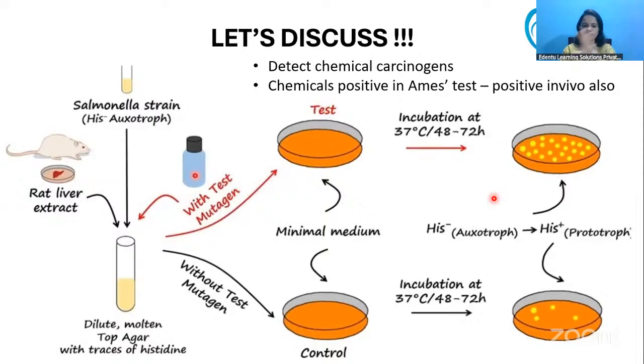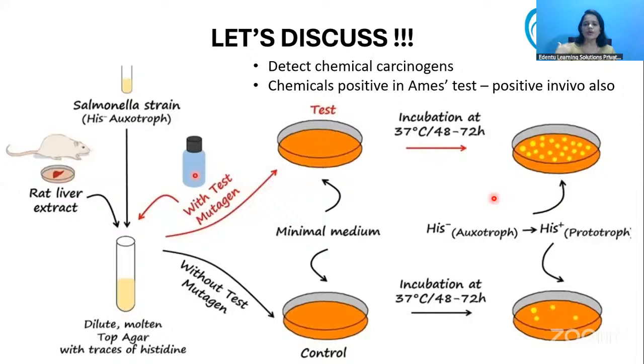Okay, so we are taking that strain and mixing it with the liver extract, and then we are adding the particular chemical to be tested also. All these three are added and then we are incubating it at 37 degrees Celsius for 48 to 72 hours, and then we are looking for the results.